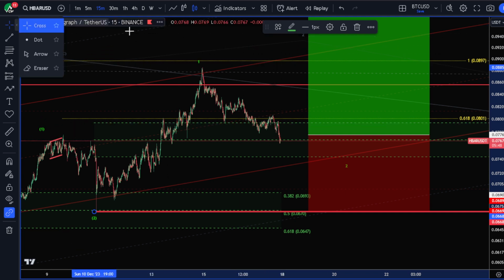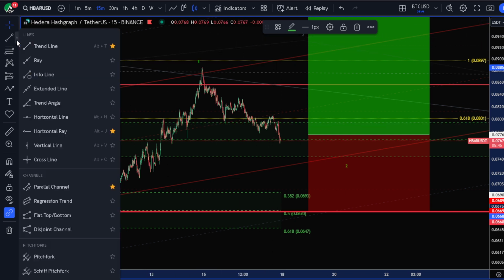A few things I looked at is this looks like 3 waves here.